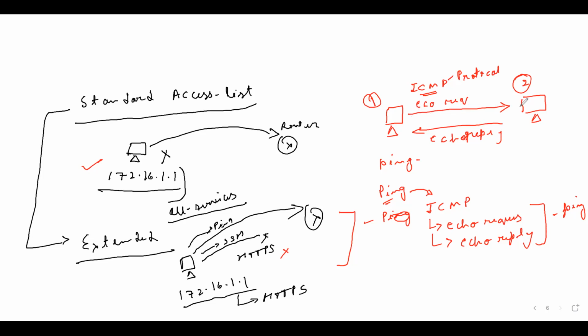Let me go again to this thing. This is my PC1 and this is my PC2, with IP 192.168.1.2.